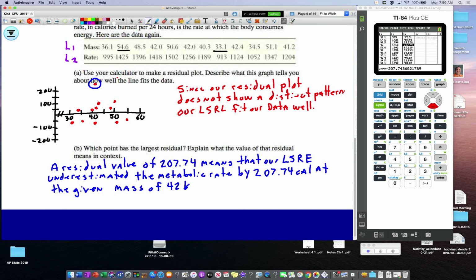Or not grams, sorry, kilograms. Oh, that would be a difference in weight right there.